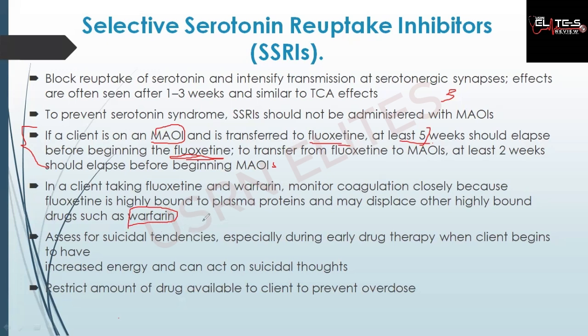So when they give you a question like a person with atrial fibrillation has been taking warfarin at home, but for the past few days the person has been diagnosed with severe depression and has been prescribed fluoxetine, you have to look out for drug-to-drug interaction.